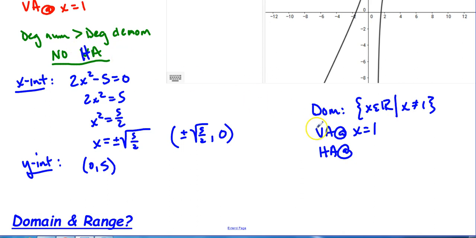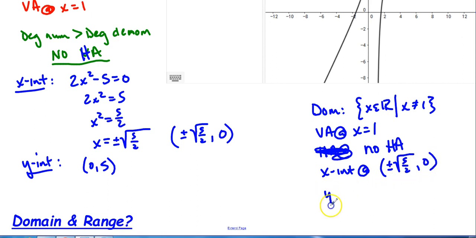It should be horizontal. No horizontal asymptotes. And I've got x-intercepts, 2 of them, at plus or minus root 5 over 2, 0. Notice again it's written in coordinates. I've got a y-intercept at (0, 5), and you're done.